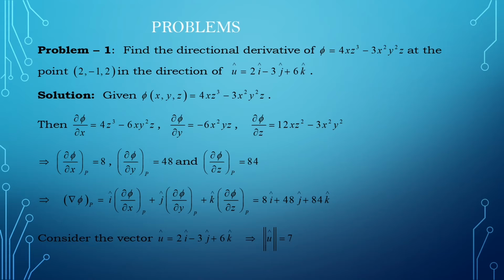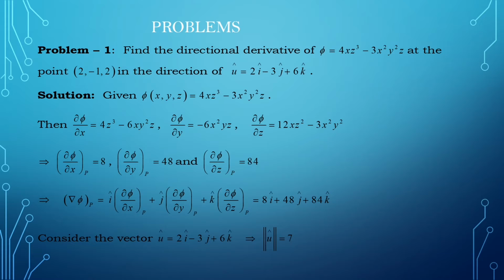Now to find the directional derivative of the given surface phi of x comma y comma z at the given point P(2, minus 1, 2) in the direction of the given vector 2i cap minus 3j cap plus 6k cap, we consider the surface phi equals 4xz cube minus 3x square y square z.